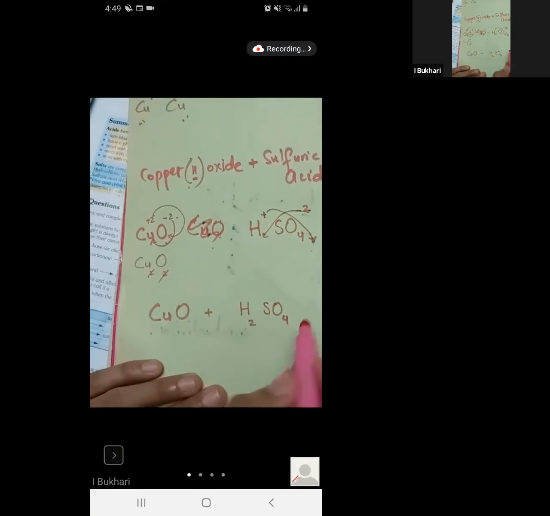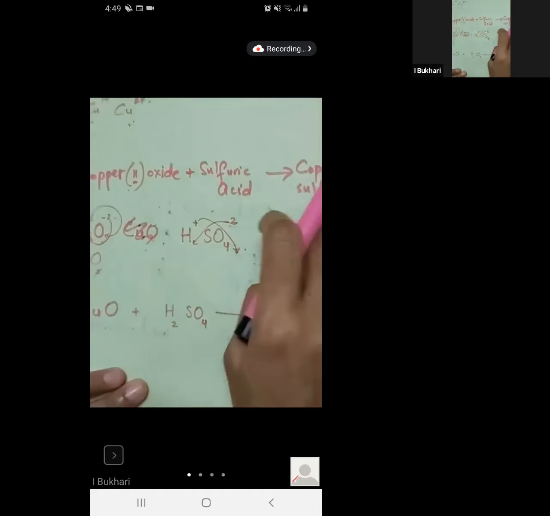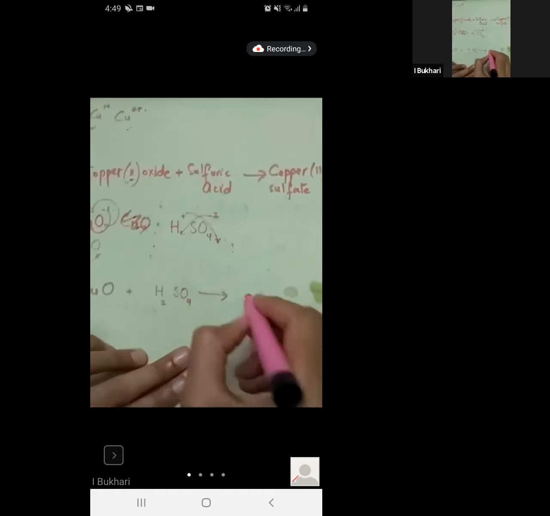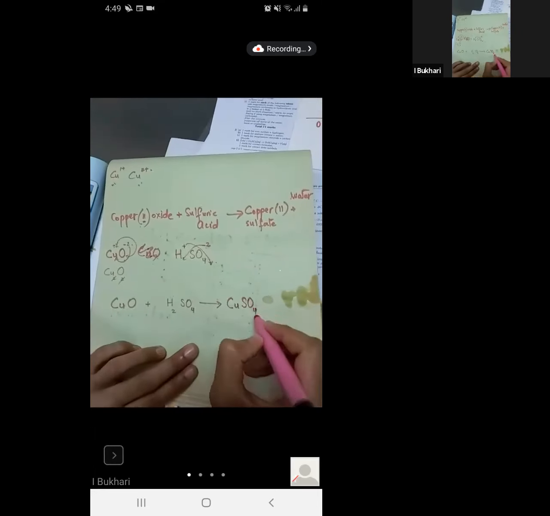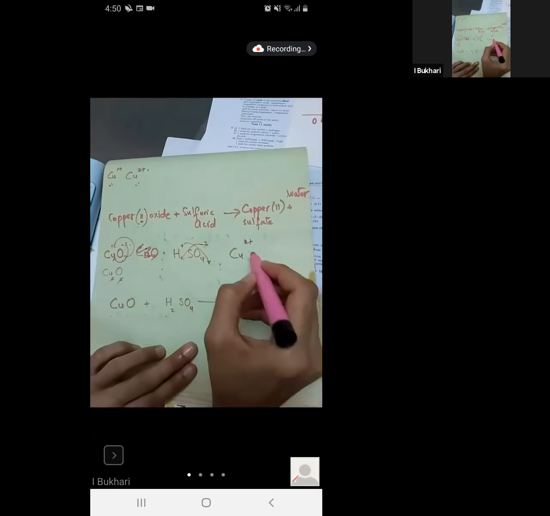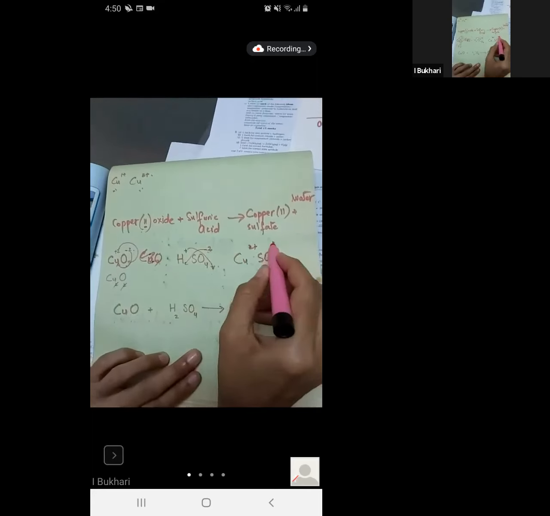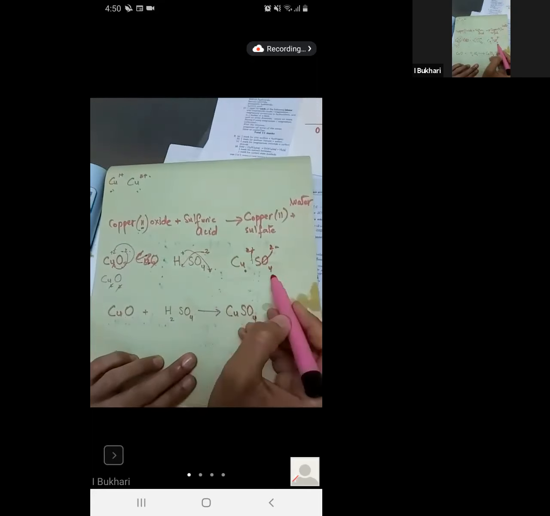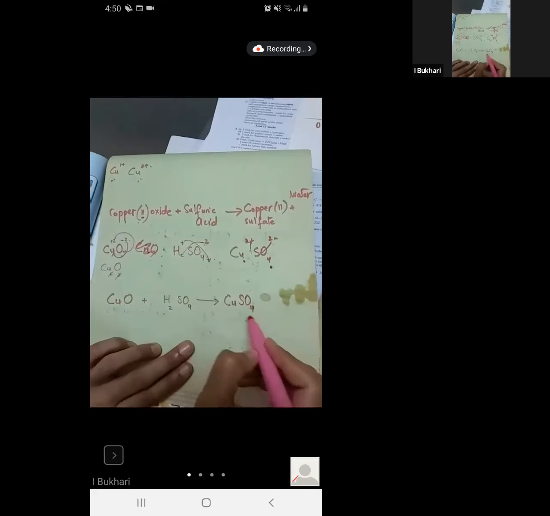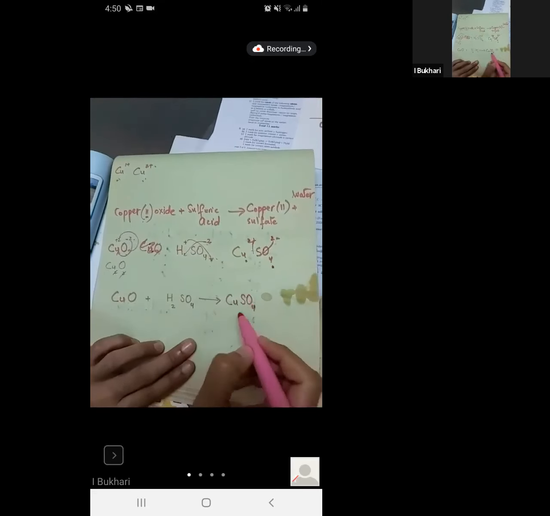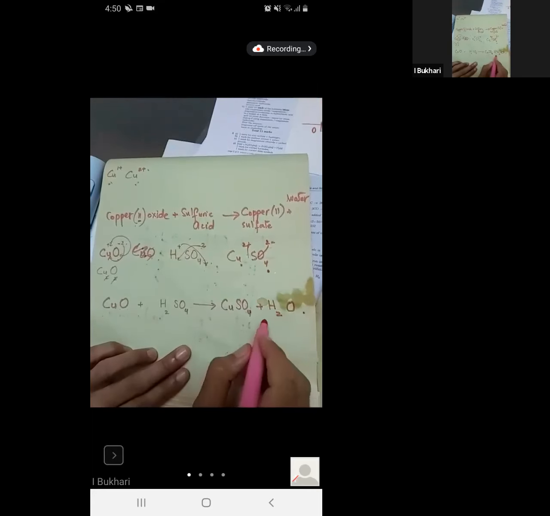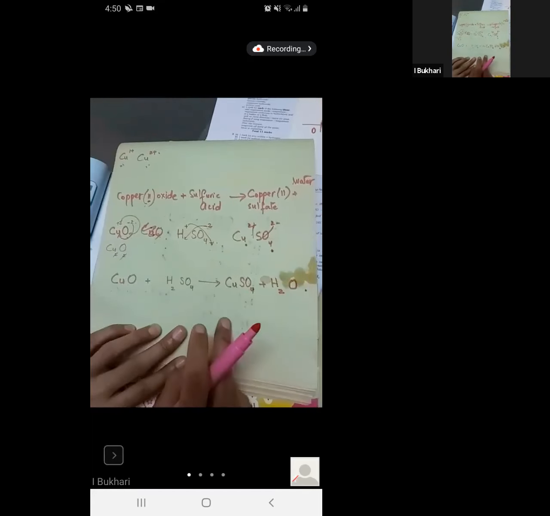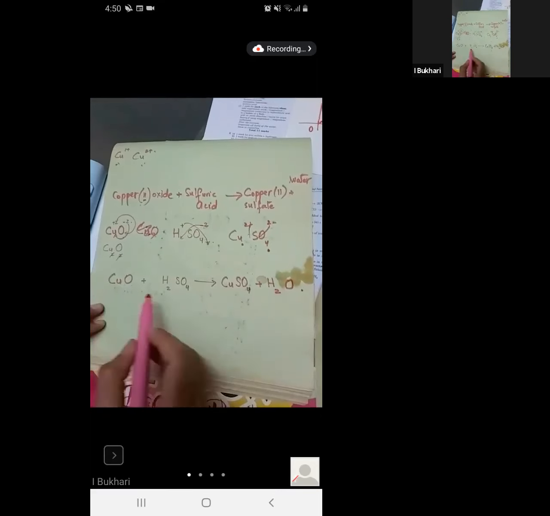H2SO4 gave me copper(II) sulfate. Copper has 2+, sulfate has 2-. The 2 and 2 get cancelled, so I don't write anything: CuSO4. If you don't know how to write formulae, it's okay. I will do it with the basics in the basics class. So this is my chemical equation.